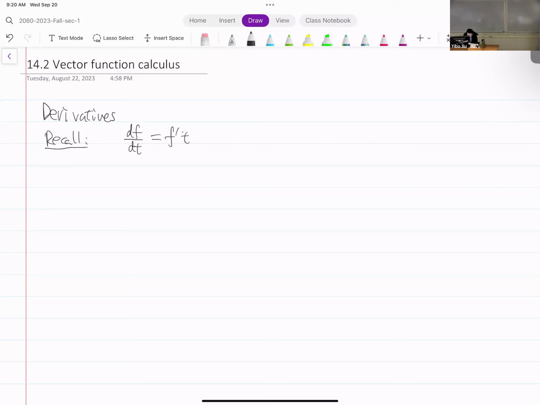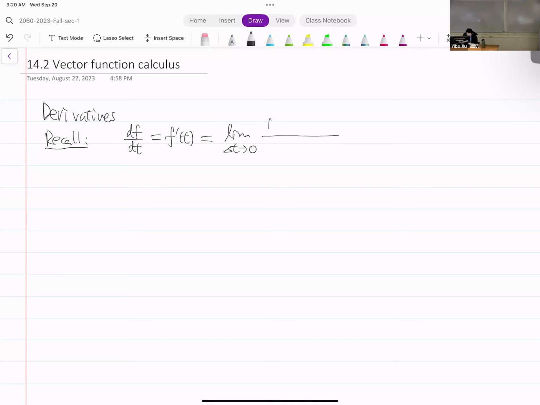That's the Leibniz notation. Or you can put it as f prime of t, where f is the function, and f prime stands for the derivative function. And the definition is the limit when delta t, the change in the input, goes to 0.